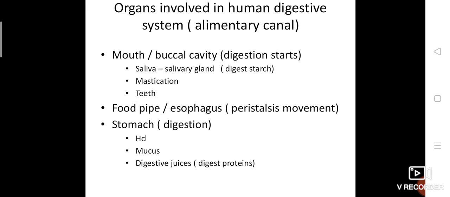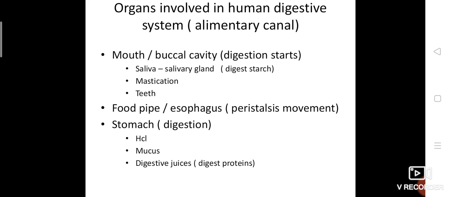Especially in our food, we are having three major complex substances, that is carbohydrate, protein, fat. So, when we talk about carbohydrates, starch is one of the forms of carbohydrates. So that starch alone is digested in the mouth, not proteins and not fats, and it is not a complete digestion, because even though it is digesting carbohydrates, only partial digestion is taking place.